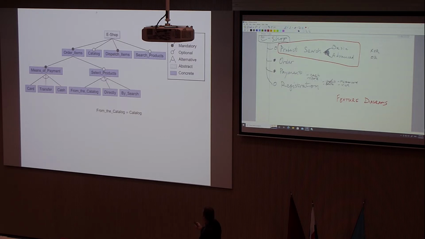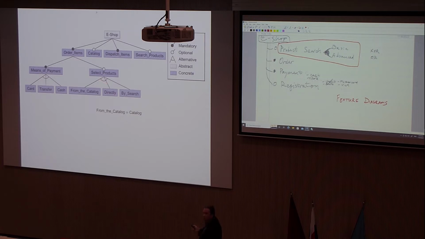You have to support how one selects products, and this can be from the catalog directly or by search. These are alternatives, and one of them has to be there. Actually, I assume that only one can be there. Only one of these features.